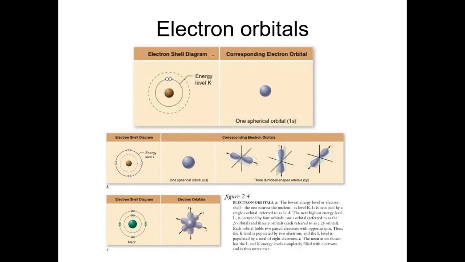Okay, then electron orbitals. This is the nucleus where the protons and neutrons are, and it's surrounded by the negatively charged electrons. These are what we call the energy levels. The electrons lie in a corresponding electron orbital.